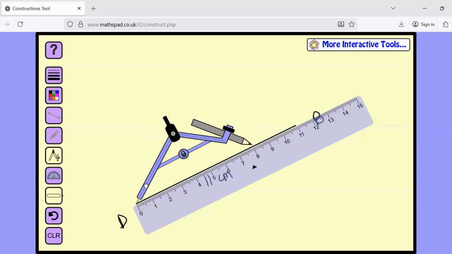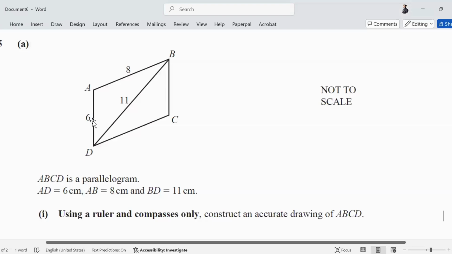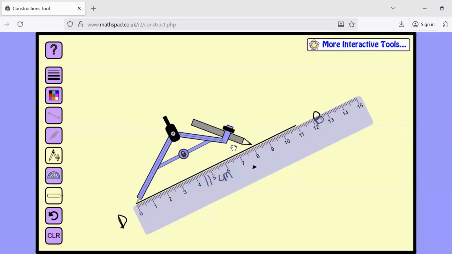Let's do it again. Compass 8 centimeters. Complete the parallelogram. This is just a triangle. It is a parallelogram. In a parallelogram, the opposite sides are equal. This will also be 6 and CD will be 8. Opposite sides are equal in length. So I have opened it 8 centimeters.